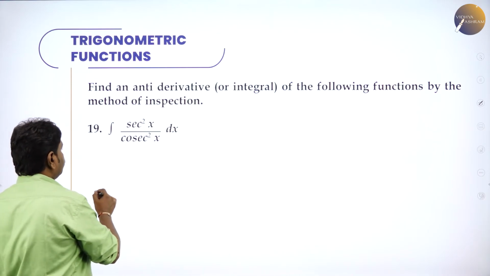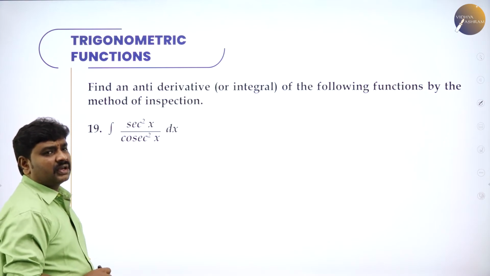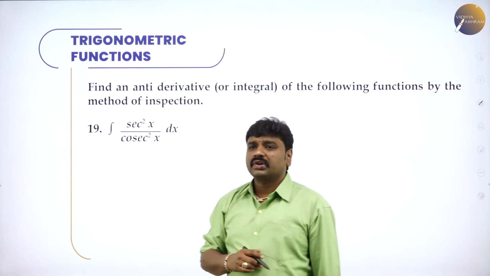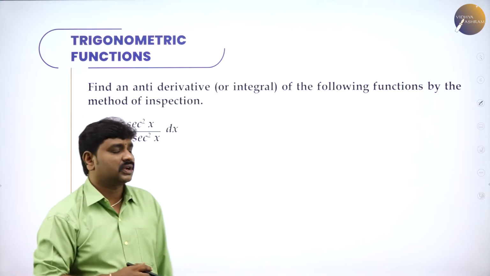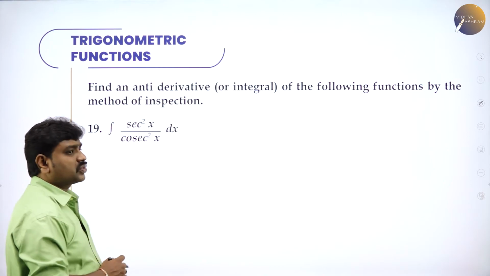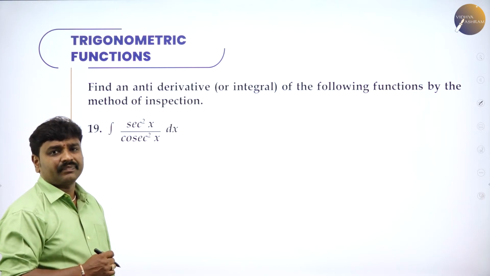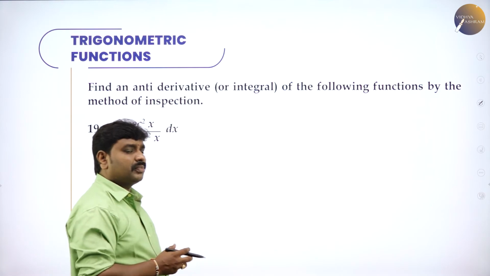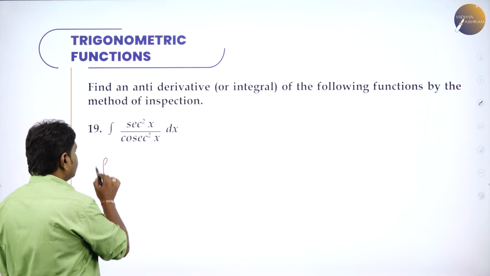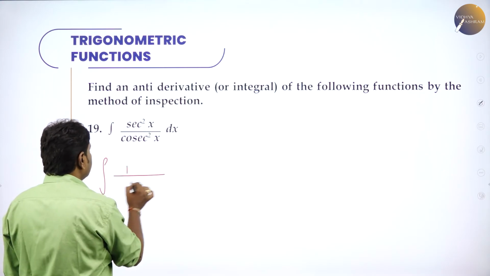Interesting, all of you know secant square x is the reciprocal of what? Cos square. And cosecant square is the reciprocal of what? Sin square. So I can write it as sin square x by cos square x. And you know sin square x by cos square x can be written as tan square x. Secant square can be written as 1 by cos square.